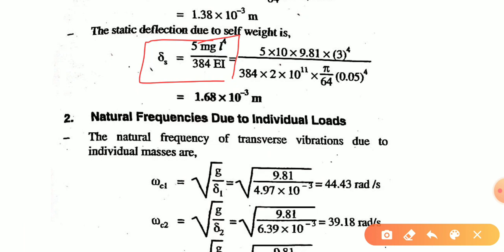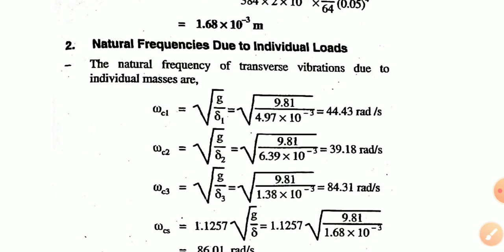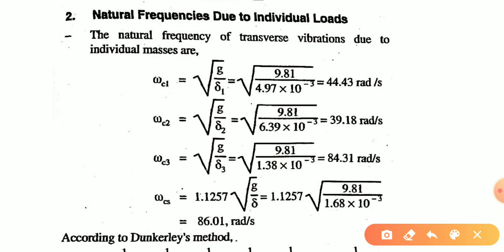Now we have to find the natural frequencies due to individual load. So omega c1 is the critical speed for the shaft carrying mass m1 and its static deflection is delta 1.